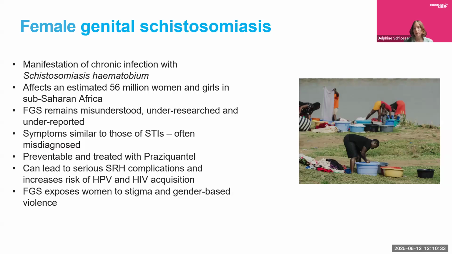It also increases the risk of HIV, which is why it's a very important topic for Frontline AIDS and its partners. And because of the similarity of the symptoms with those of STIs, it also leads to other consequences for women, including exposing them to stigma and to gender-based violence.